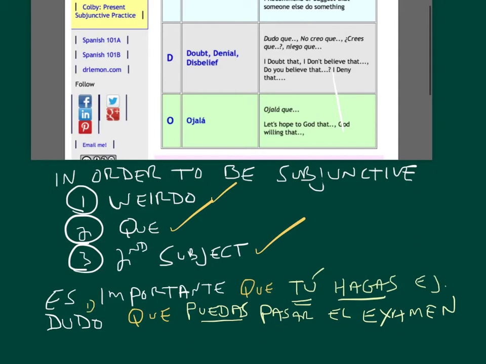Here's subject number 1, yo, and subject number 2, tú. And that pretty much sums up nominal clauses in the subjunctive. I will obviously go over this much more in depth in class, and I will see you then.